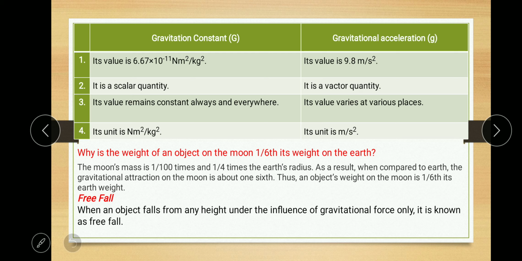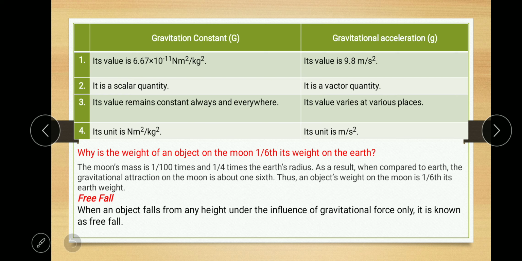One tricky question: why is the weight of an object on the moon 1/6 its weight on the earth? You all know, if you have 60 kg on earth, you will feel 10 kg on the moon. Neither I nor my students have gone to the moon, but it is a real scientific fact. The moon's mass is 1/100 times and its radius is 1/4 times the earth's.